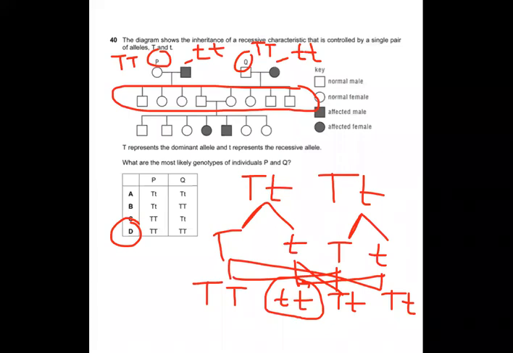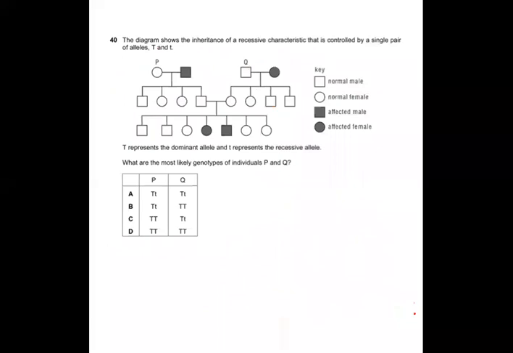Okay, now why did we take D as the option? If instead of D, instead of capital T capital T for P and Q, we had P as capital T small t and Q as capital T small t, and these are recessive, so they have to be small t small t.